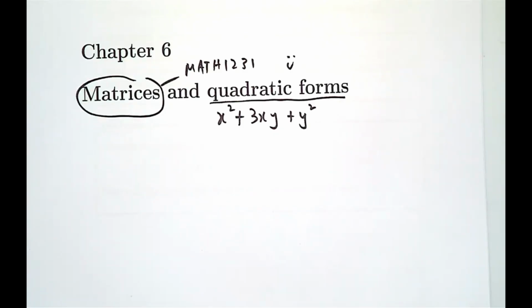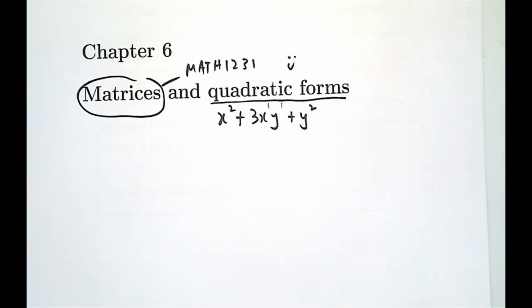You can check that by saying that the powers in each term have to add up to 2. So that's a quick check. Now, we're actually going to use matrices to look at these special quadratic forms and learn things about them.